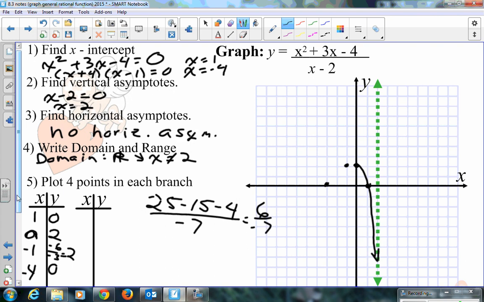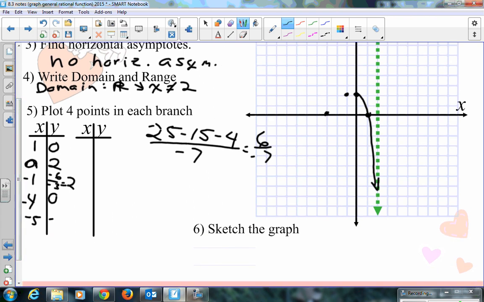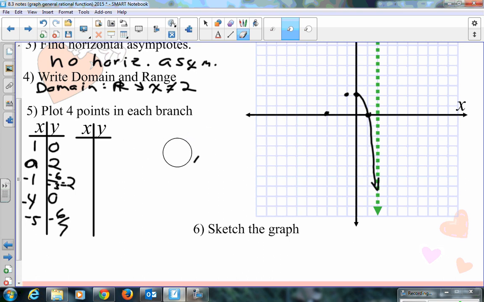Negative 6 sevenths. Okay, so now that's going to start giving me an idea of what's going on. So I've got negative 5, negative 6 sevenths. I can kind of see a shape taking place here. This will look something like that.